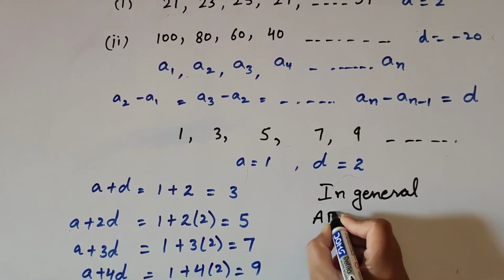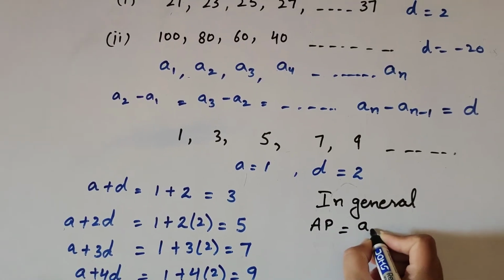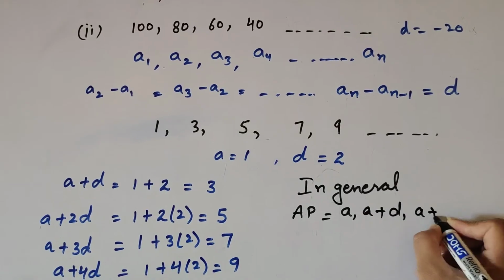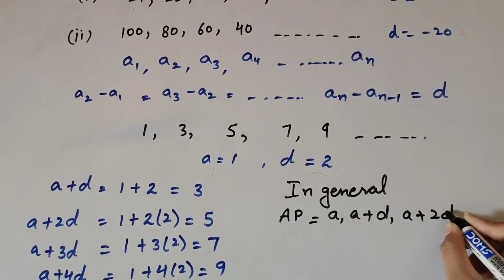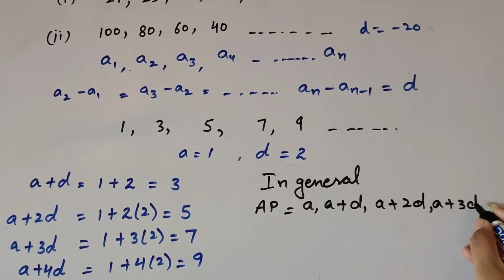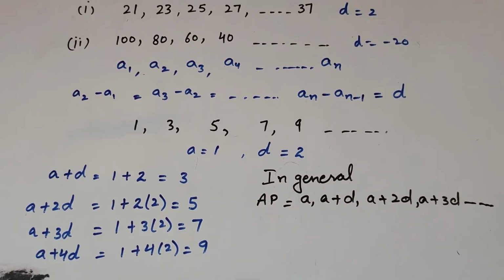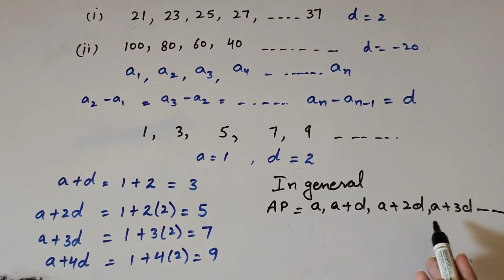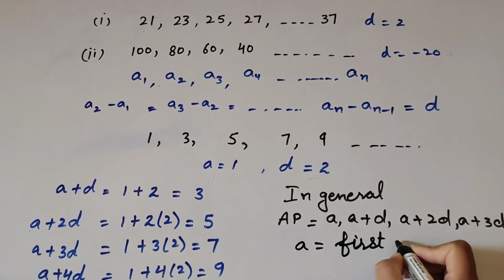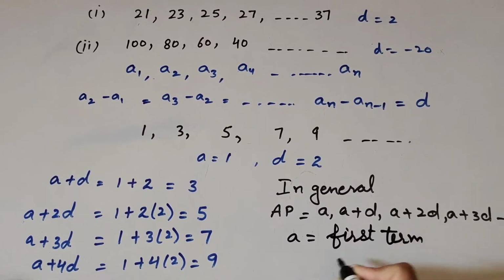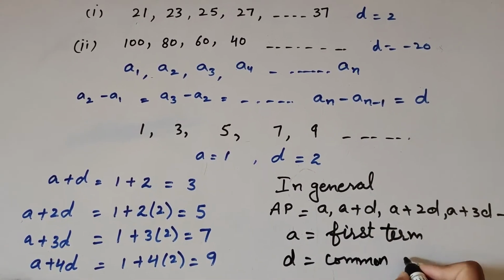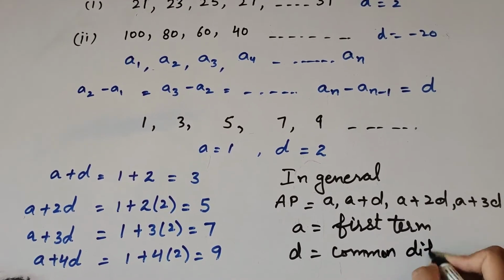So in general, AP series is written as A, A plus D, A plus 2D, A plus 3D, and so on. This is the generalization of AP series. In this, A is equal to first term and D is equal to difference, that is the common difference.